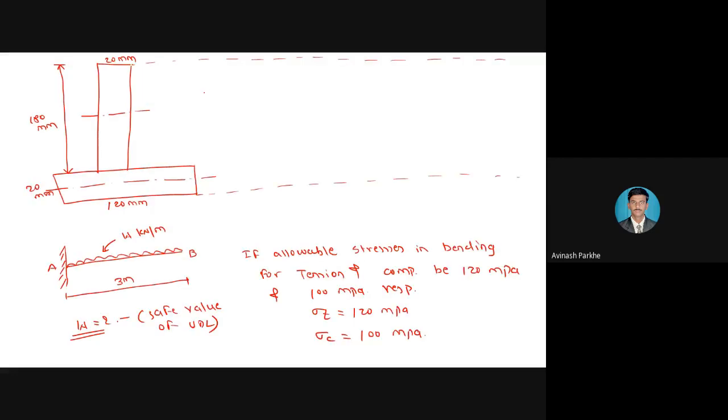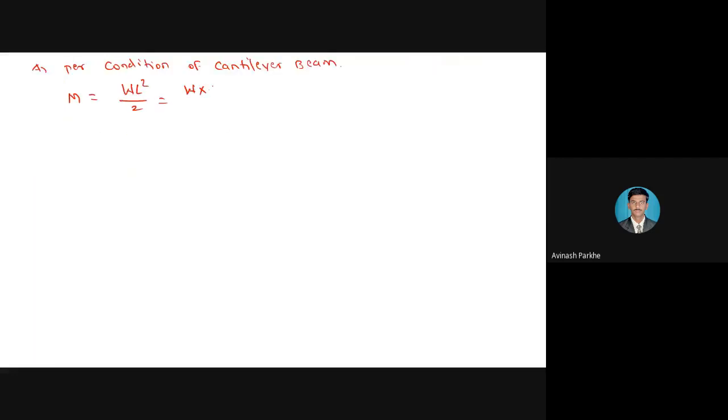The length of the beam is given 3 meter. So if I convert it, 3000 square divided by 2. Then what is the value of M in the form of W? W into 4.5 into 10 raised to 6 Newton mm. Okay. This is the value of M.